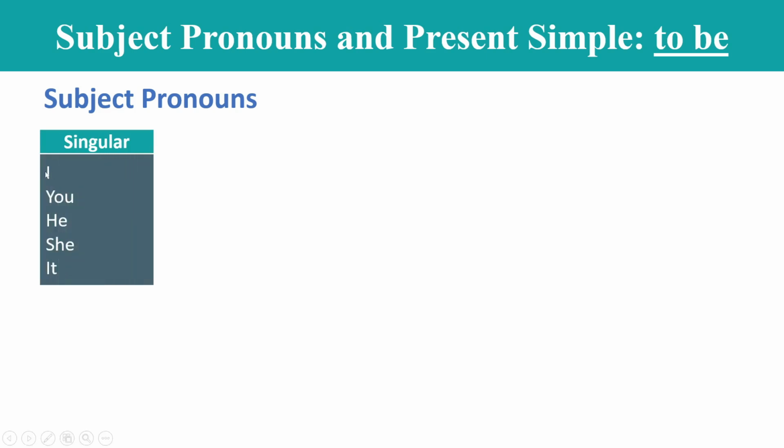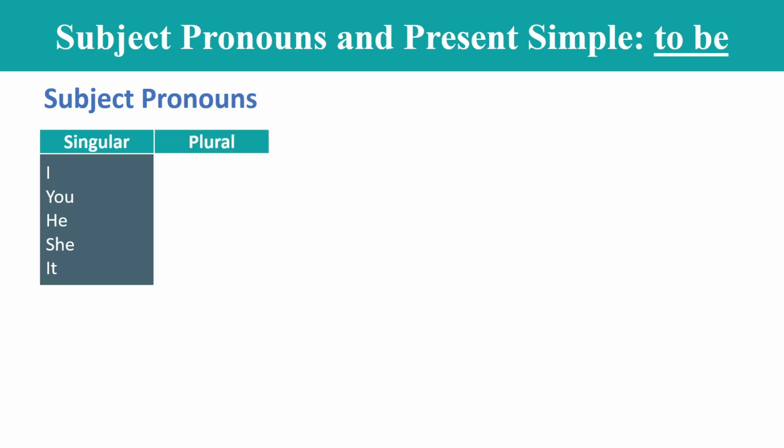I, you, he, she, it. All these are singular subject pronouns. A singular subject pronoun refers to one person, one thing, or an animal.